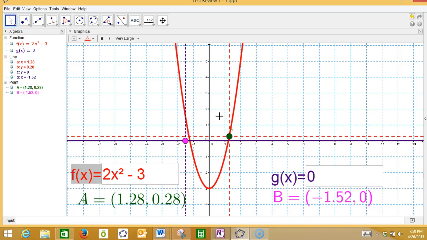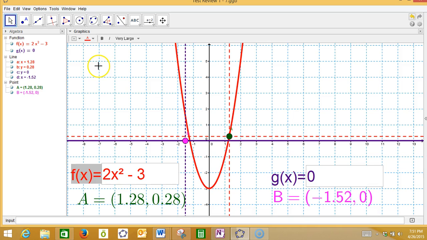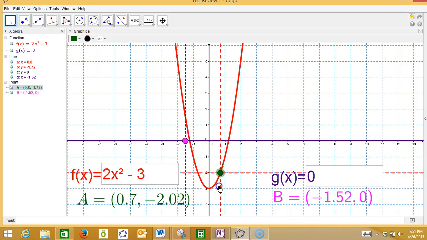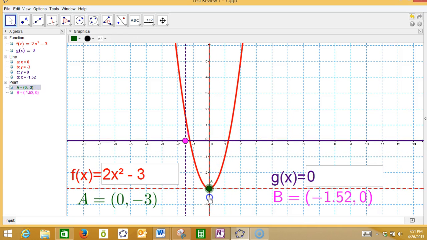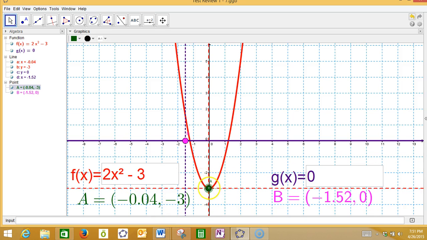But for now, let's evaluate f of x when x is 0, right? So what that means is when we put a 0 into our function, we get out a -3, right?